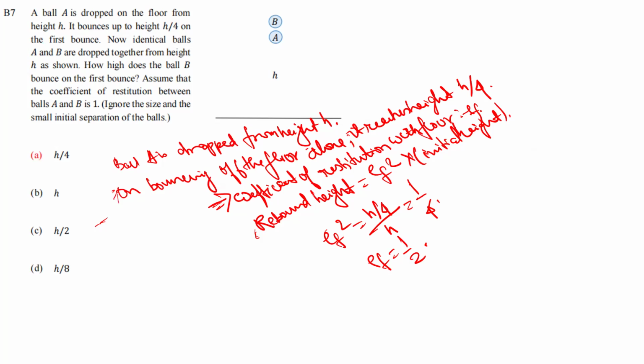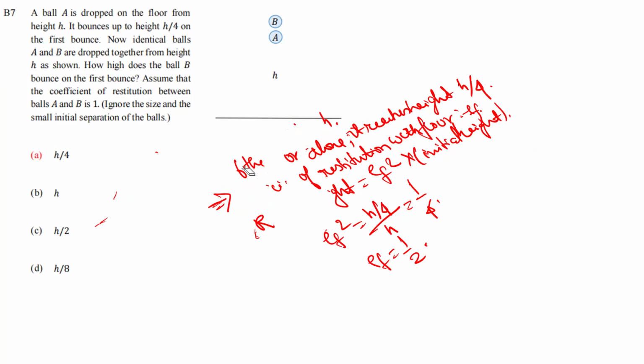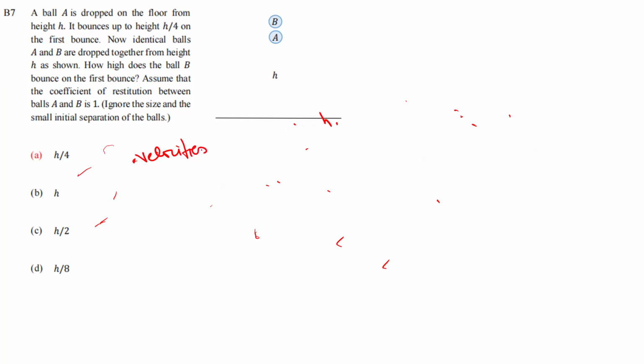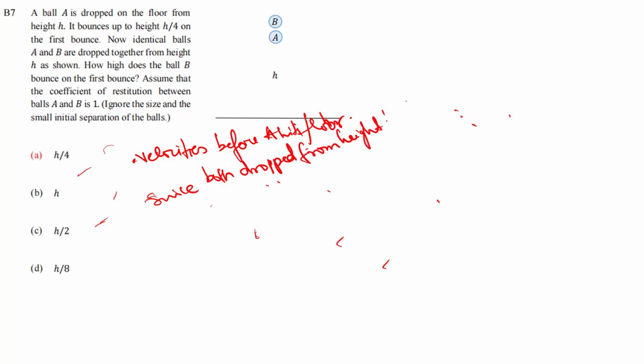Since both balls drop from height h, they have the same downward velocity.